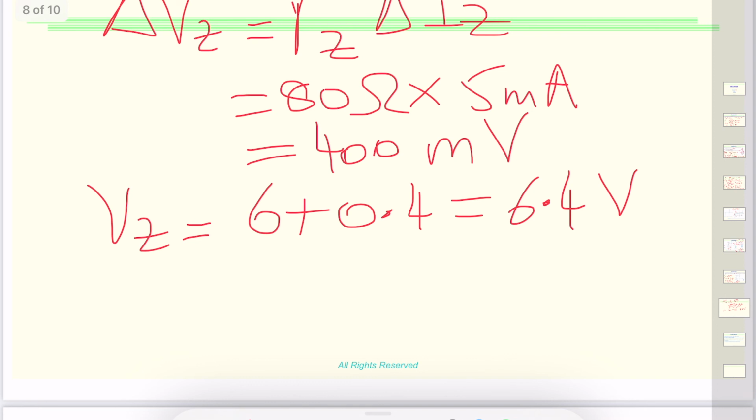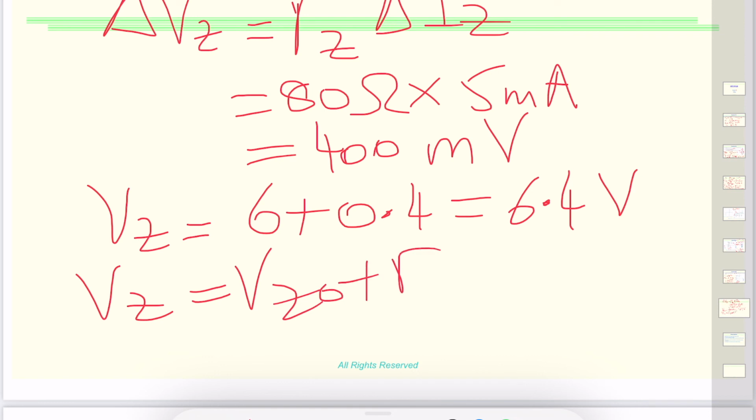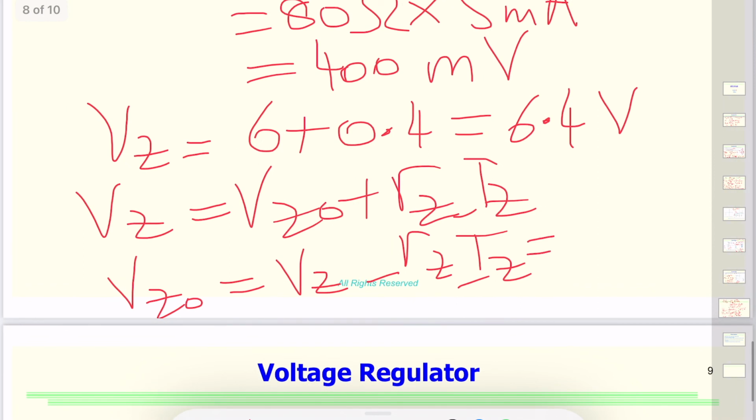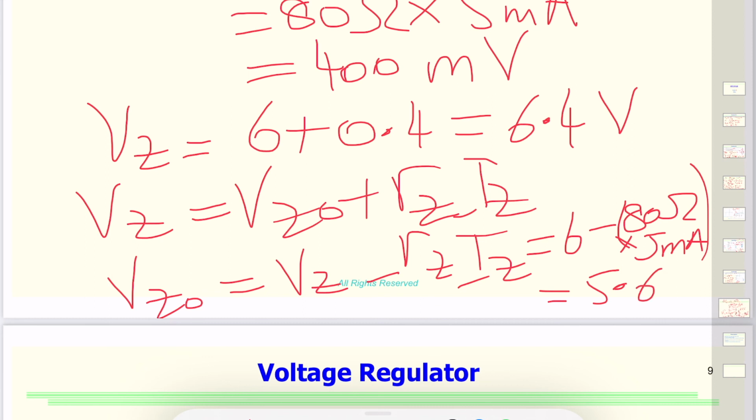So in that case, we would solve for VZ naught from this relationship, and VZ0 is then VZ minus RZ IZ, which is 6 minus 80 ohms times 5 milliamps, what we just calculated, which would be 5.6 volt.